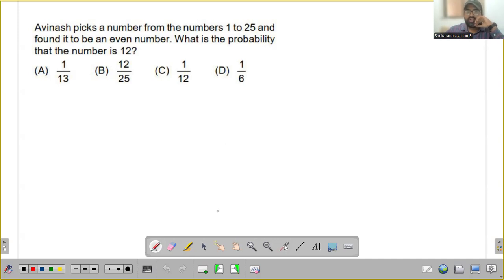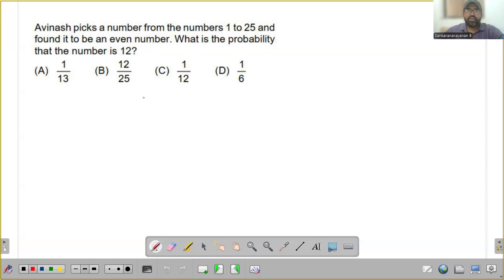It is given Avinash picks a number from the numbers 1 to 25 and found it to be an even number. The question is, what is the probability that the number picked by Avinash is equal to 12?